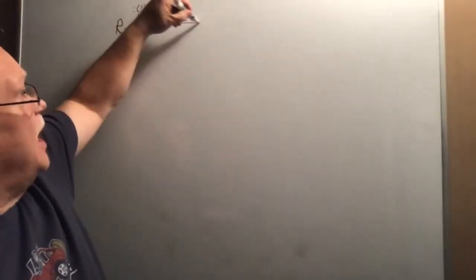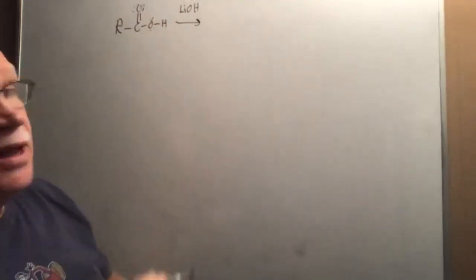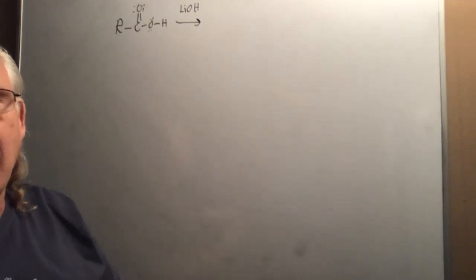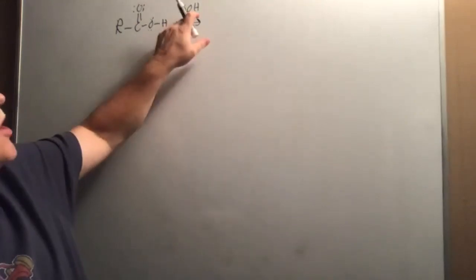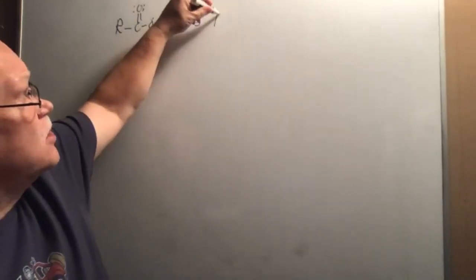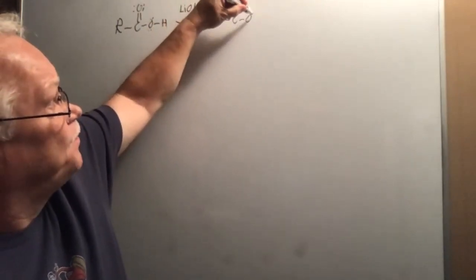So if we were to take this and just treat it with a base, now we're going to use lithium hydroxide here because we're going to see in a second why we're using lithium hydroxide instead of sodium hydroxide. This is just a base. This is an acid. So all this does is deprotonate the carboxylic acid.